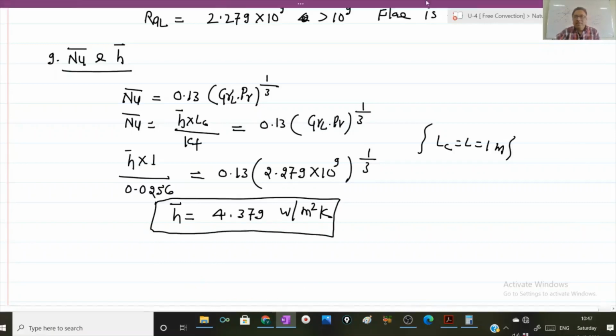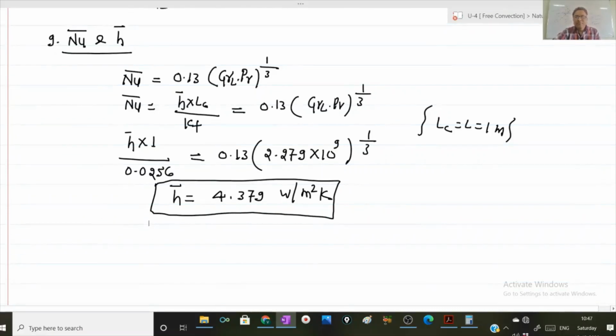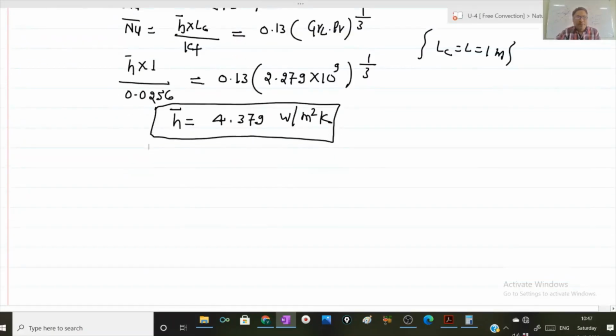And finally, step number 10 is to calculate the heat transfer rate.